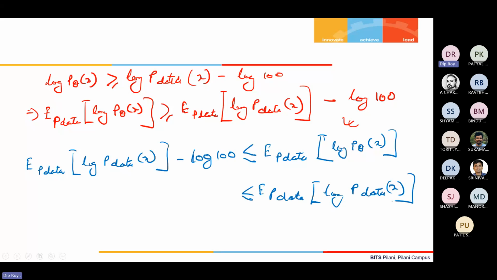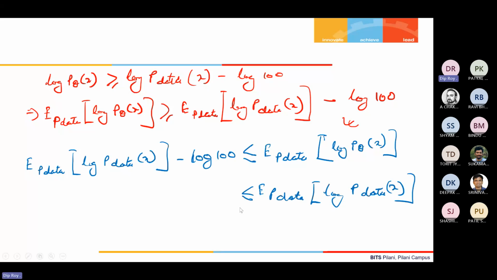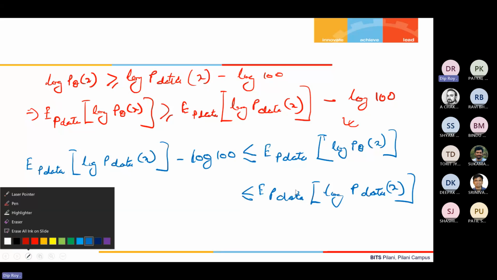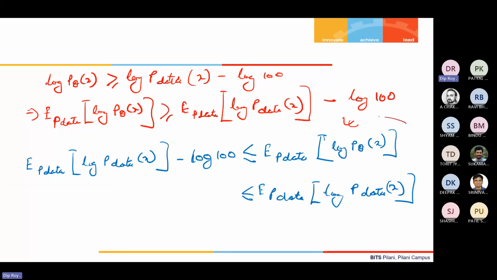Right? So now this particular quantity which we were talking about is at most equal to this, or less than this, and this will be greater than this.